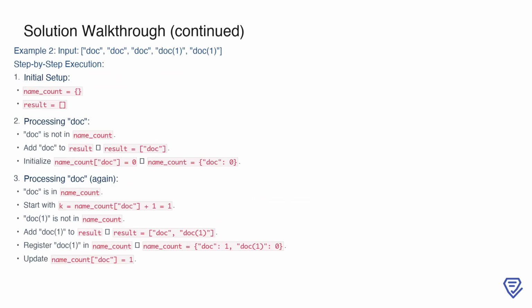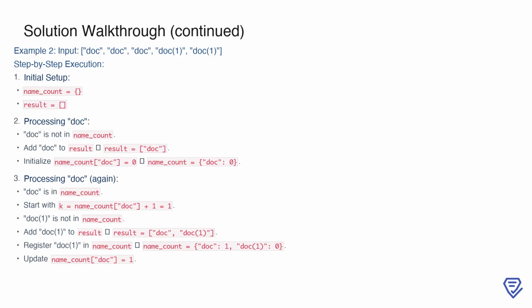In the second example, we have the input array doc, doc. We start by initializing name_count as an empty dictionary and result as an empty list. The first string is doc, which is not in name_count. We add it to result, making result equal to doc, and initialize name_count[doc] to 0.